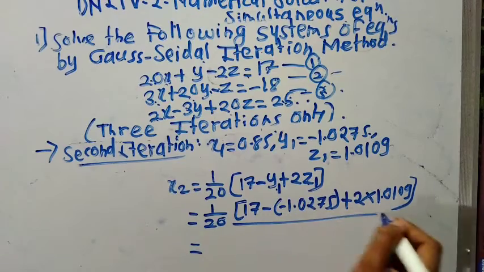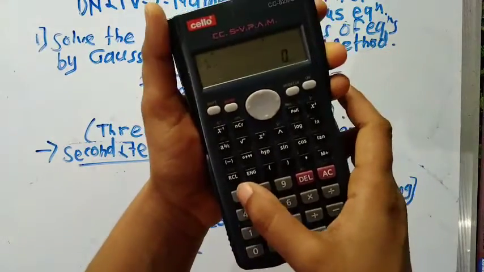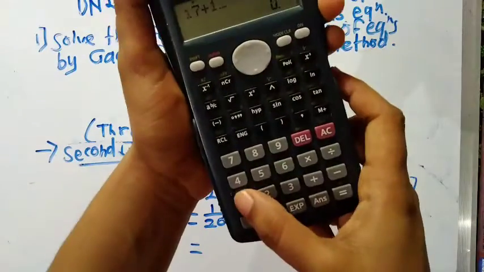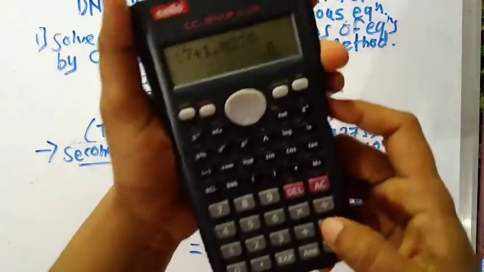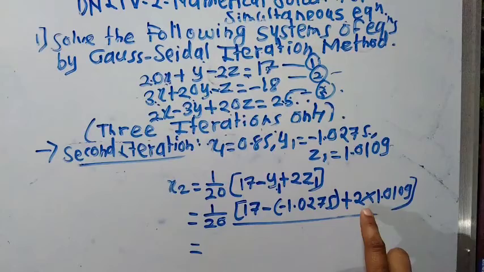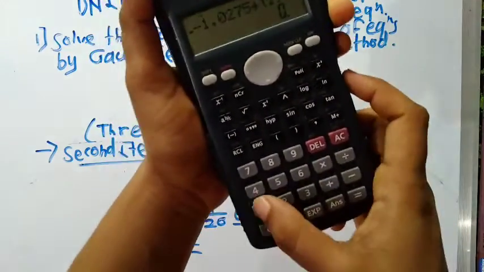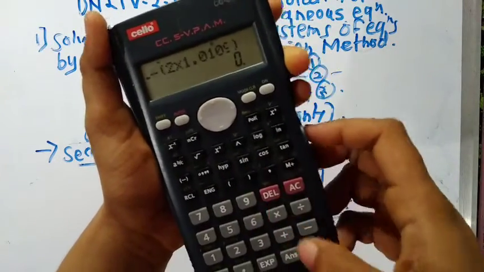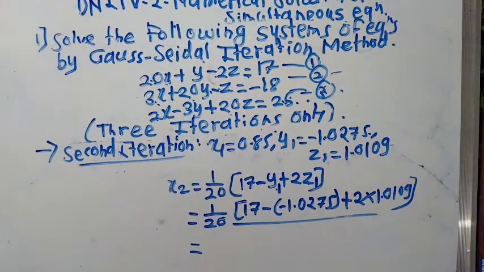So first find out this value: 17 and here minus minus plus 1.0275 plus in bracket 2 into 1.0109, which is equal to 20.0493.